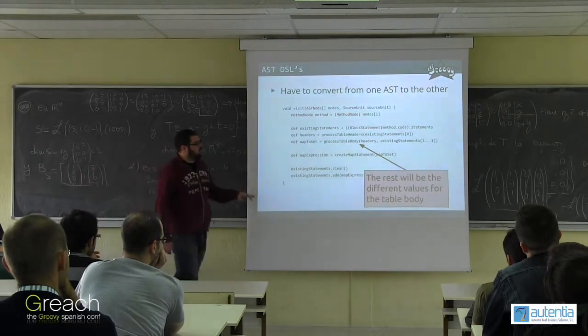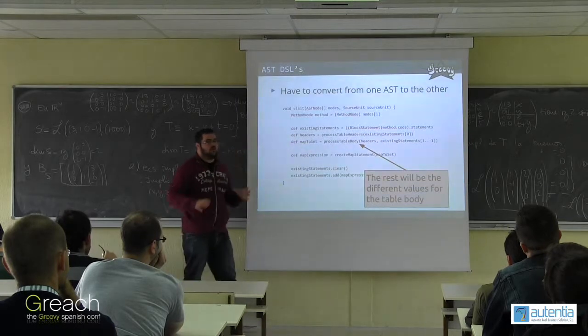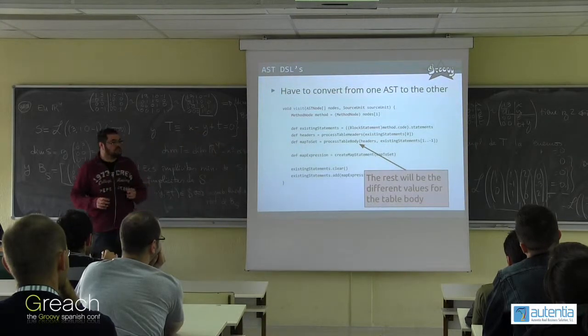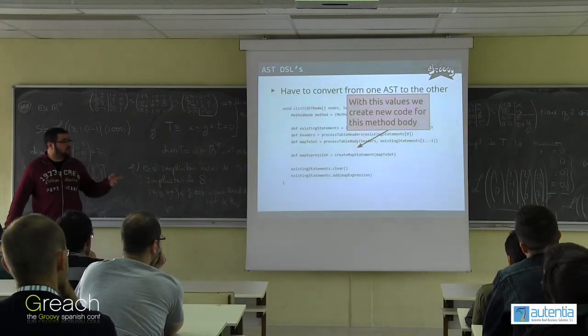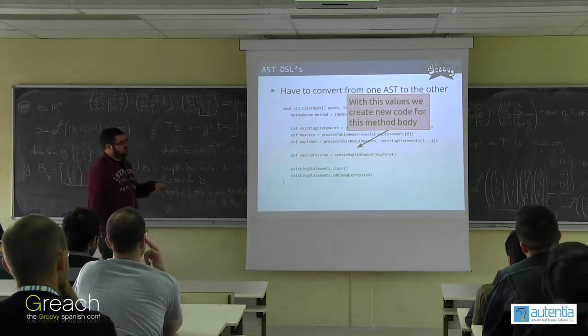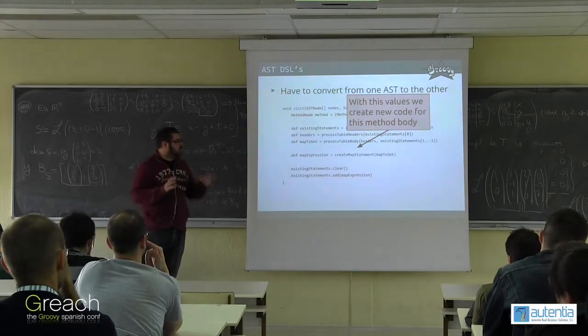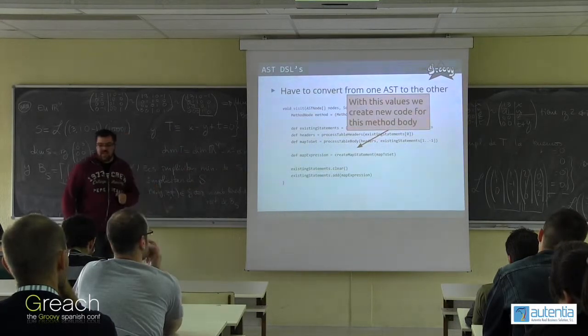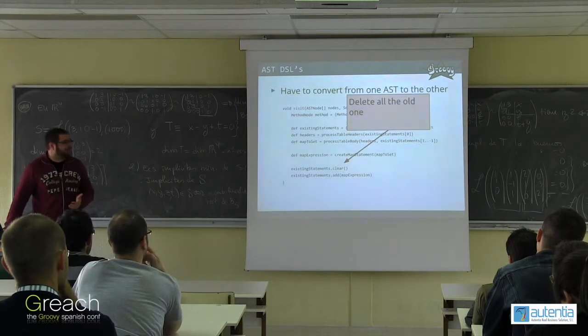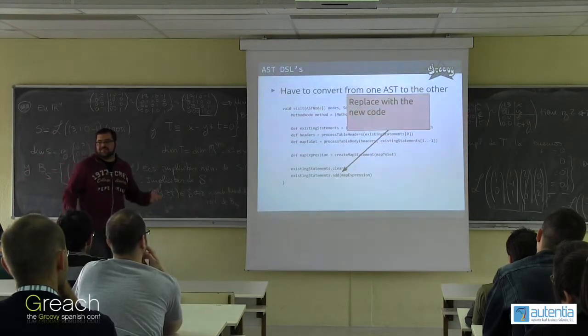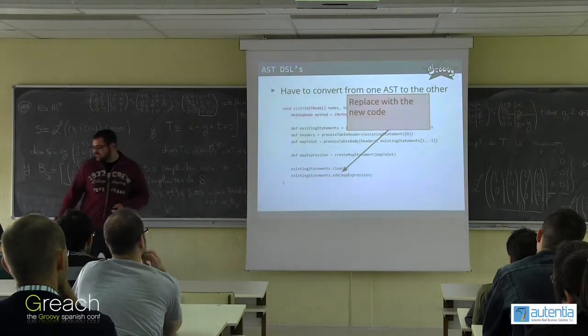This method will only retrieve the map with the values. That's the only thing that interests us. And then from that data, I create a new AST, delete the old one and put the new one. That's it.